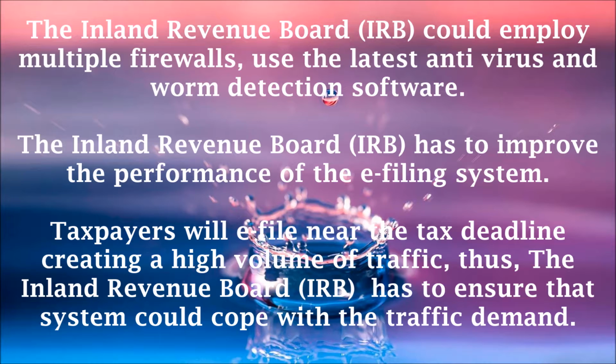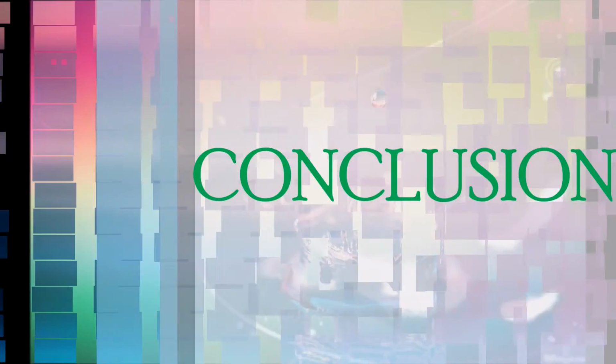Because if IRB does this kind of method, it actually encourages more people to do their filing early, because they know they can get something in return. Besides that, IRB also can outsource e-filing service to private companies. So the next slide, I shall pass to the next presenter.